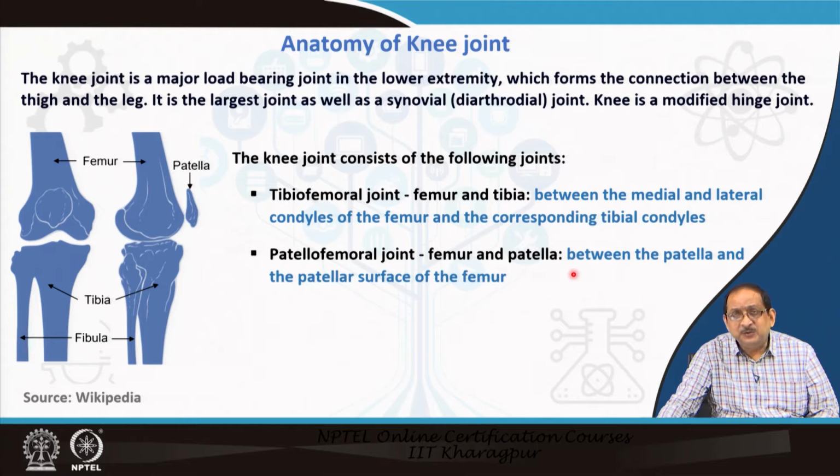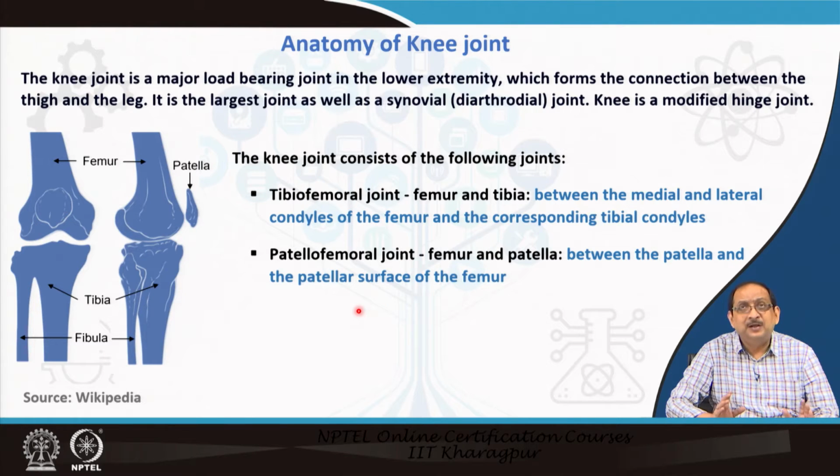It is the joint between the patella and the patellar surface of the femur. The knee joint is an essential joint in the linkage system responsible for human locomotion. The knee is extremely vulnerable to injuries during games and sports activities.